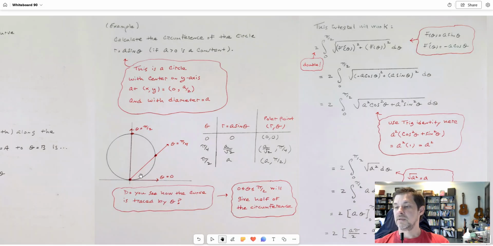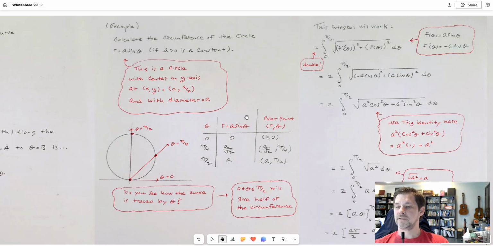For example, if theta is pi over 2 or 90 degrees, it directs you to some point that's directly on the y-axis. According to this formula, sine pi over 2 is 1 times a, which is a. That gives you an r coordinate of a. So that gives you a diameter for the circle of a with its center there on the y-axis.